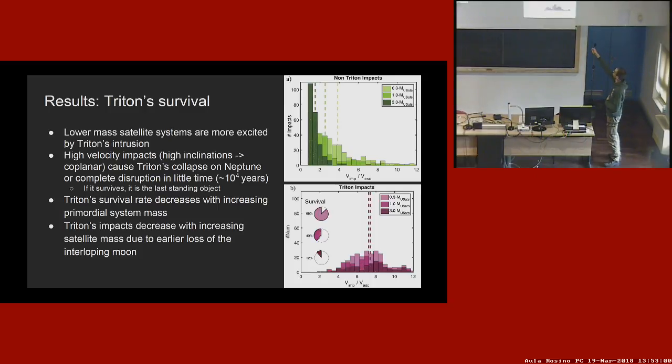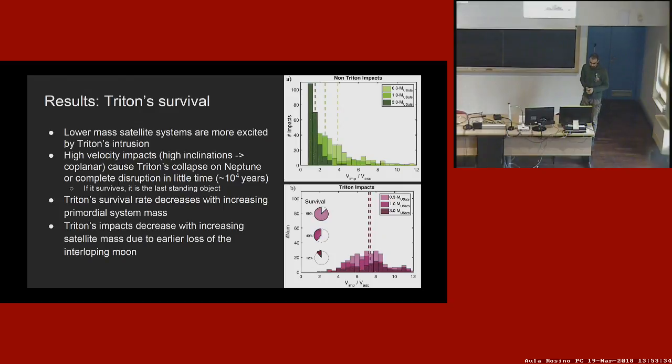As you can see, the distribution has a mean value much higher for Triton, because Triton is retrograde, so it will intercept head-on the original moons of Neptune, while the relative velocities between the Neptunian moons are much lower. There is an increase of the mean of this distribution with the decrease of the mass, because less massive moons are more easily excited by the presence of the interloping moon.